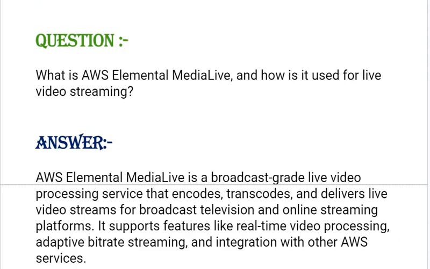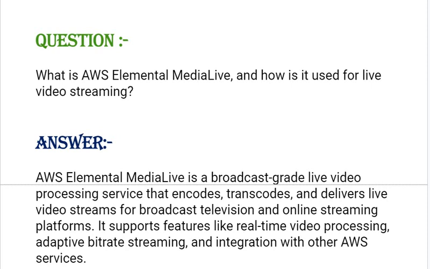Our next interview question is: what is AWS Elemental MediaLive and how is it used for live video streaming? Your answer should be: AWS Elemental MediaLive is a broadcast-grade live video processing service that encodes, transcodes, and delivers live video streams for broadcast, television, and online streaming platforms.